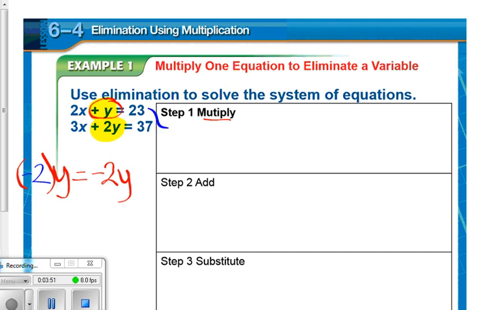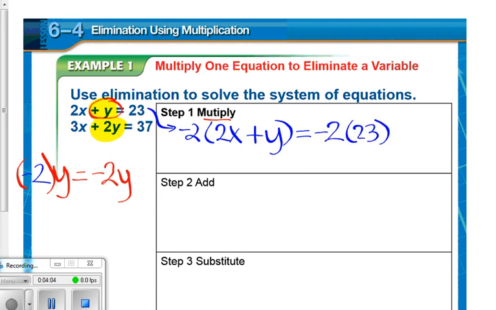So I'm going to take this right here, and I'm going to say negative 2 times 2x plus y is equal to negative 2 times 23. The exact same equation, just with negative 2 multiplying everything there and negative 2 multiplying everything there.